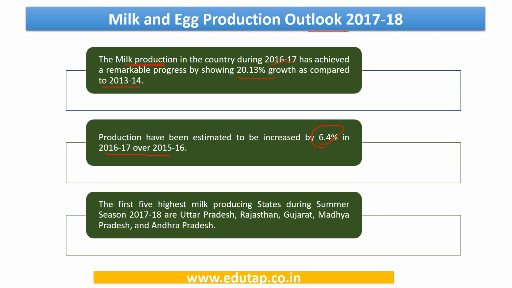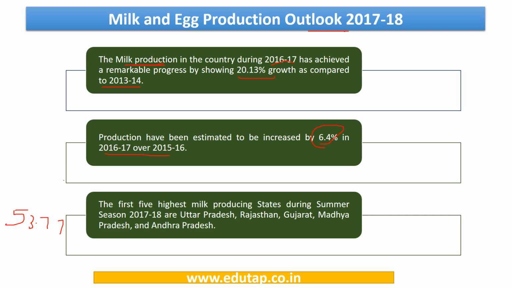There has also been a seasonal estimation released by the government, which says that total milk production has increased to 53.77 million tons in summer 2017-18 as compared to summer 2016-17, which was 51.33 million tons.